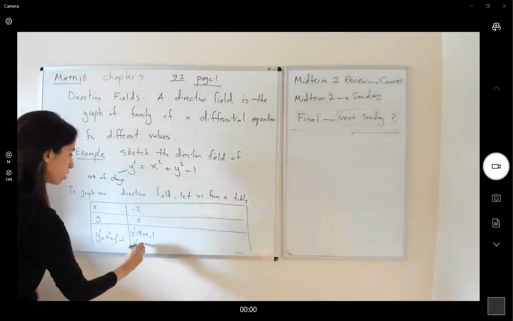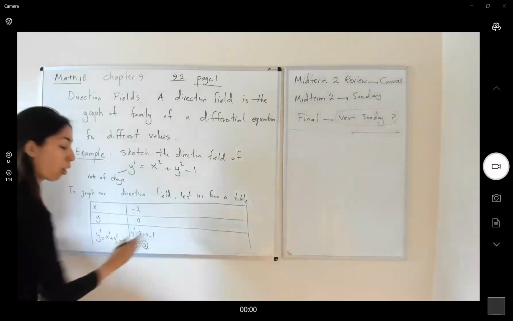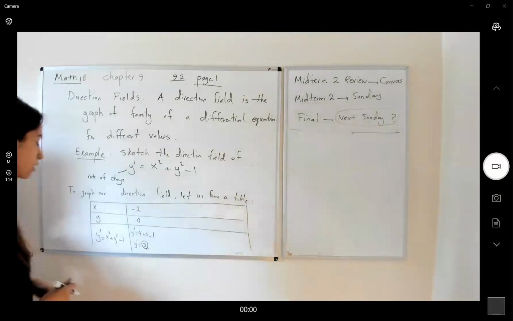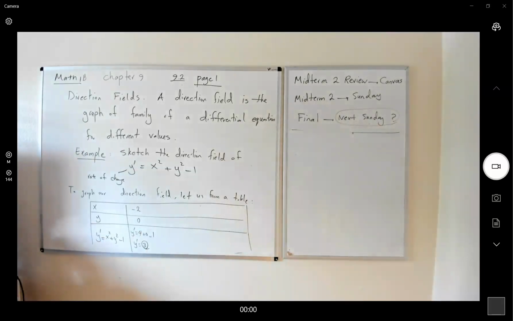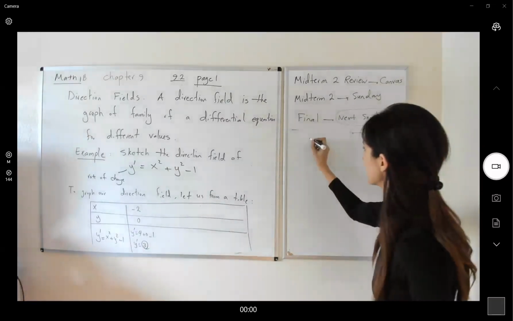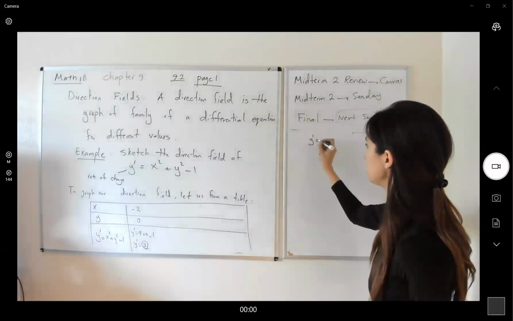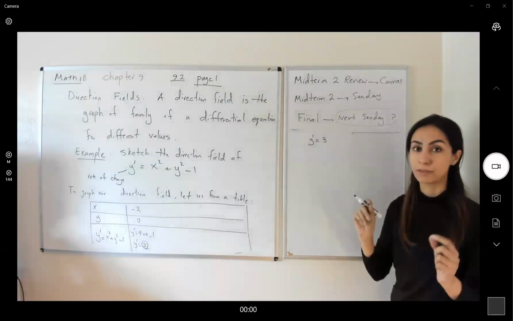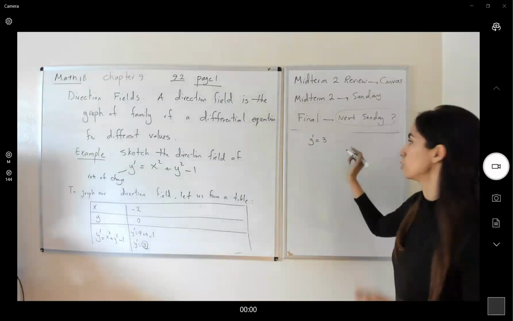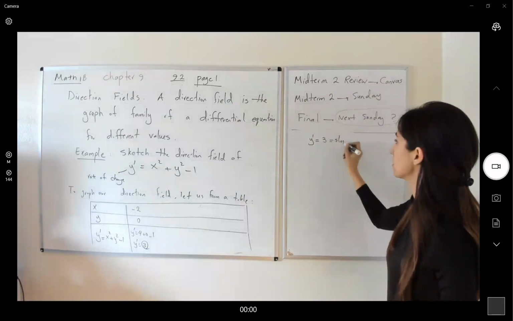So the rate of change is positive 3. What's the meaning of that? It says y prime, or slope, is positive 3.